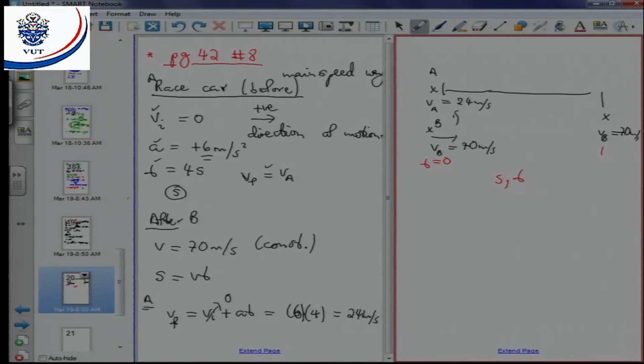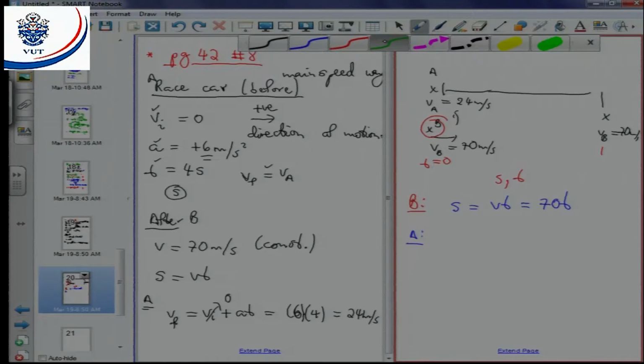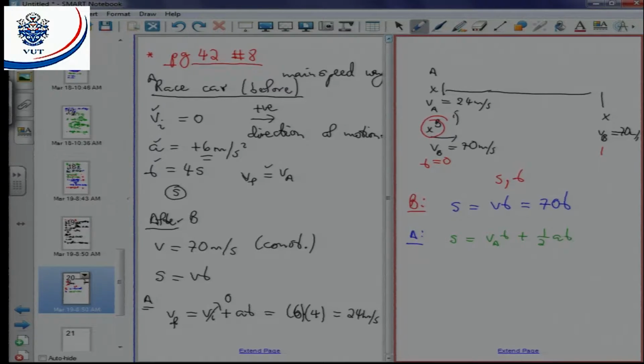Okay, so from car B, what we learn is S equals Vt, and V is 70, so the distance is just 70 times T. For car A, we are looking for S also, so S equals VAT plus 1/2 AT squared.